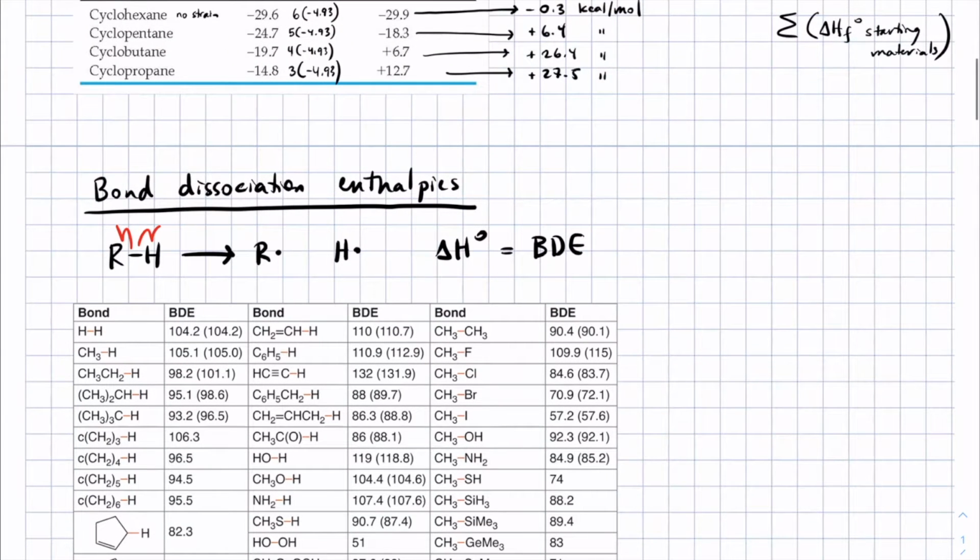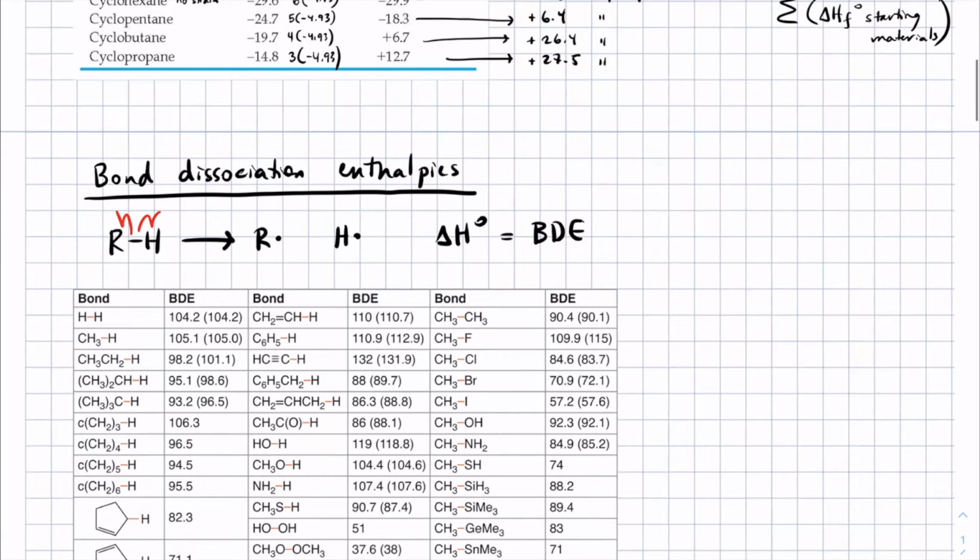But as you've done in sophomore organic, if you write out a reaction and compare the strength of the bonds that you break versus the bonds that you form, then you can estimate what the free energy change or what the enthalpy change for the reaction should be.